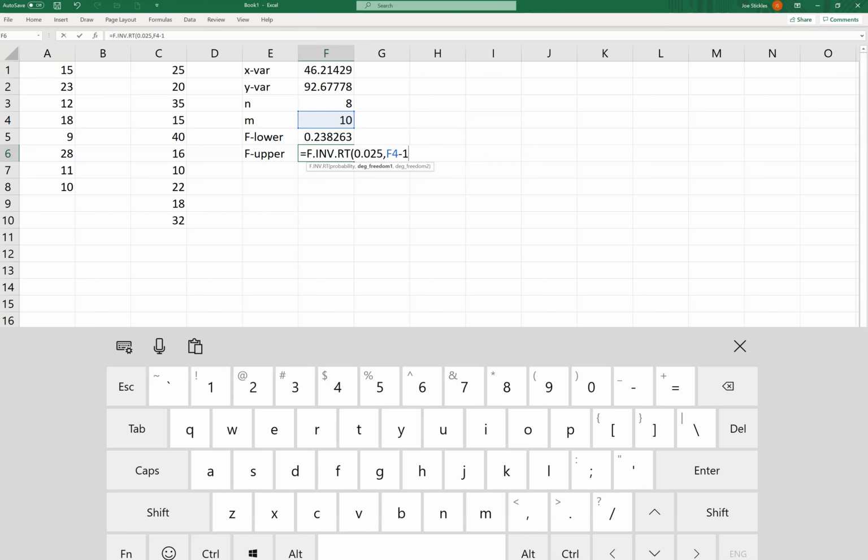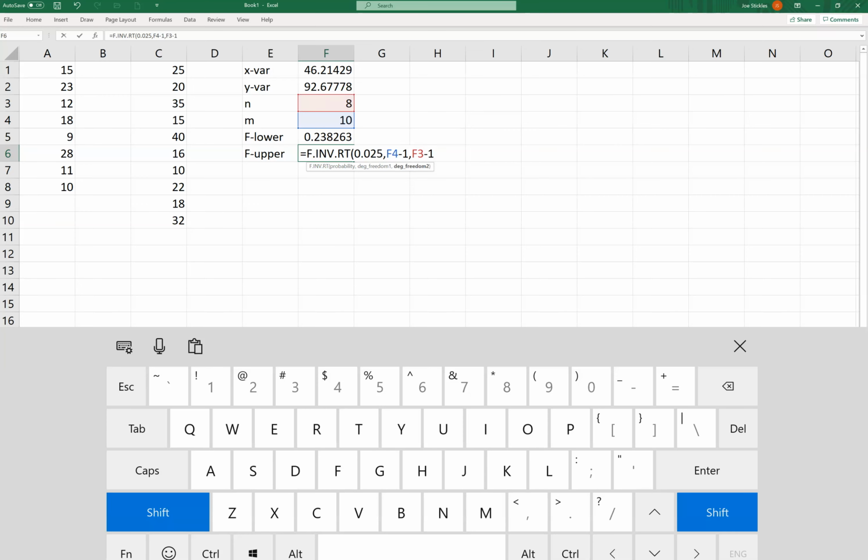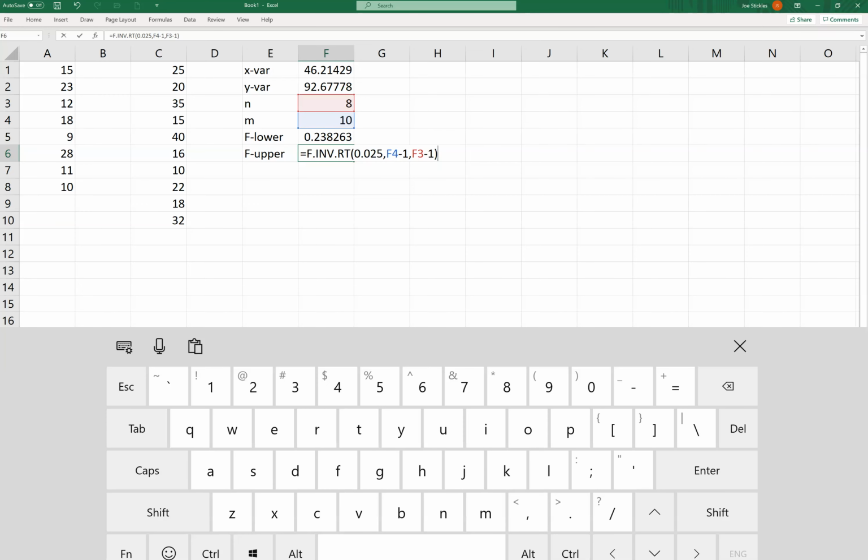We'll do F4 minus 1 and F3 minus 1. Just like for the confidence intervals for the variance, we're going to subtract one off for the degrees of freedom. We just have to do it for both, the top and the bottom. Because, of course, now we have two chi-squared distributions that we're worried about instead of just one. All right, so that gives us the F values that we need.